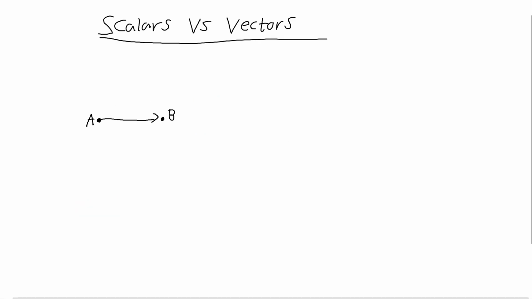If I tell you something has moved 5 meters, have I completely described its motion? No. So that would just be a scalar. If I said something moved 5 meters to the east, then that would be a vector.